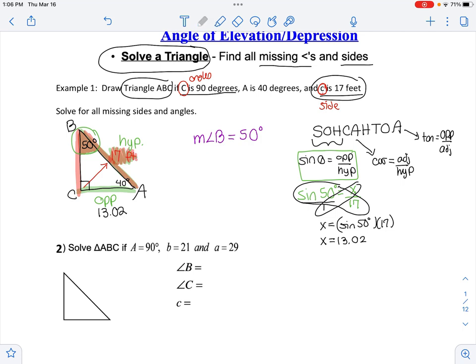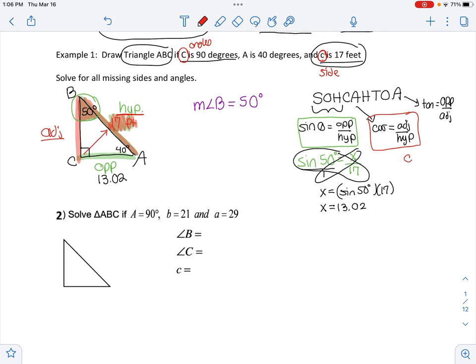The side that I'm looking for is actually adjacent to my 50 degrees, and I'm using my hypotenuse. So this time I'm using my cosine ratio. Setting up an equation: the cosine, again the angle I'm working with is 50 degrees. The adjacent is the side I'm looking for, I'm going to call it y. And the hypotenuse is the side I'm given, so 17.